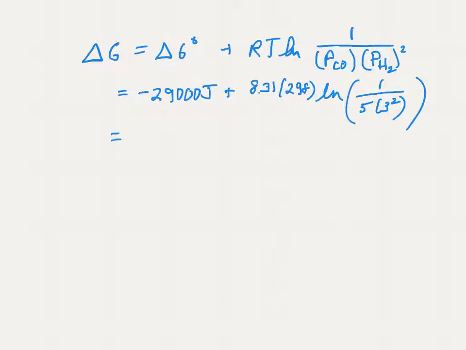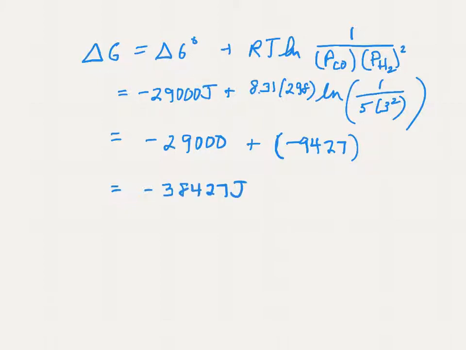All right, so that's going to give us negative 29,000 plus negative 9,427. That's going to give us negative 38,427 joules, or negative 38 kilojoules per mole as the reaction's written.